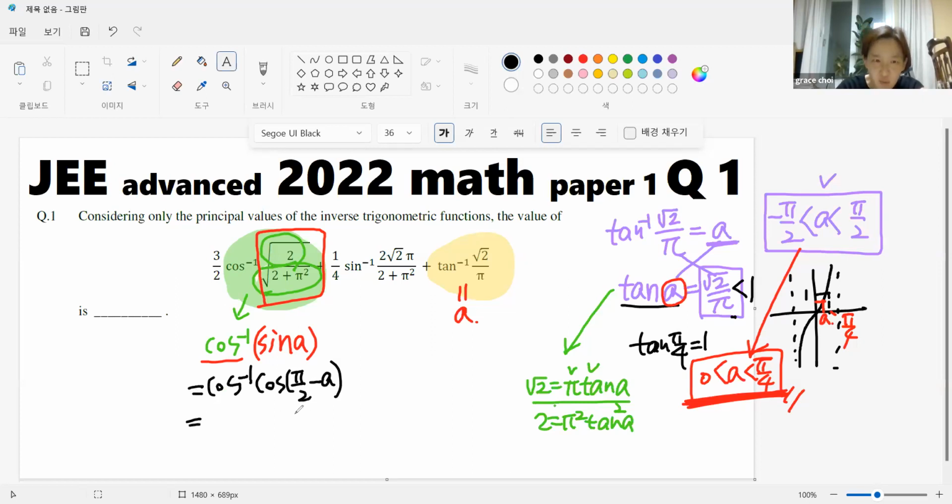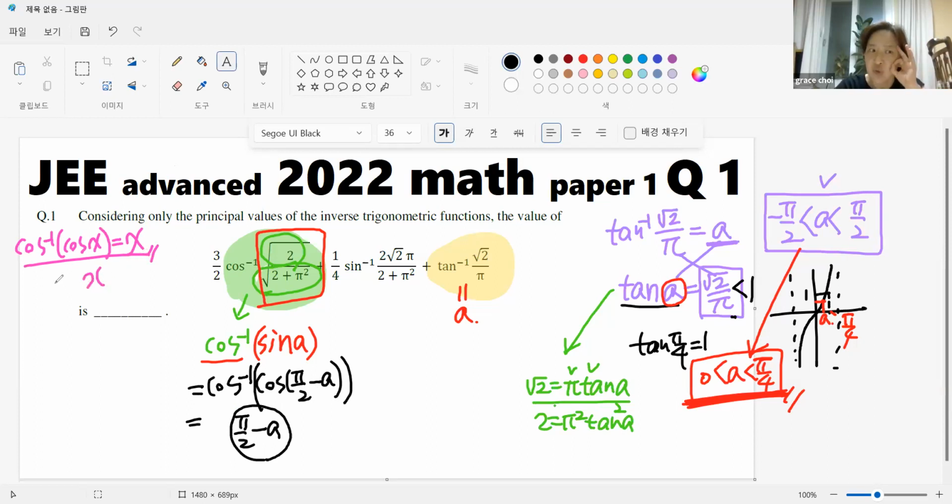Okay, and then what is the next step? Here is the original function, cosine inverse. Is it pi over 2 minus A? We have to check, because cosine inverse of cosine x is x only under a specific condition: x should be between 0 and pi. Let's check.